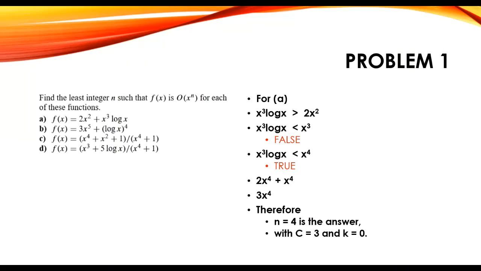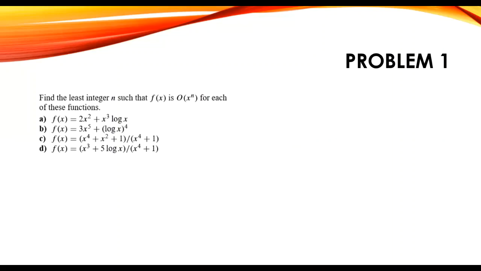Okay, letter B. We have 3x to the fifth plus log x raised to the fourth. Let's check which is bigger. Is it 3x to the fifth or log x raised to the fourth? It's 3x to the fifth.